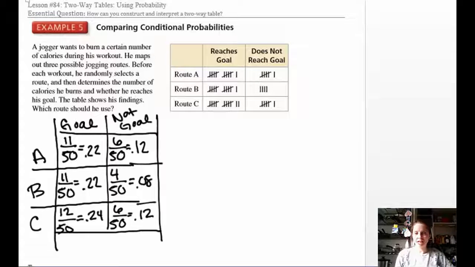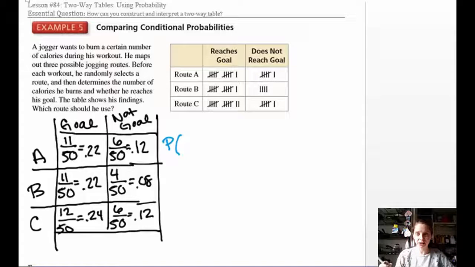Now with this information, I need to answer the question, which is which route should he use? In order to figure that out, I can't just compare the values in column goal, because he didn't run the same number of times on each route. He ran route A 17 times, route B 15, route C 18. So I can't just compare those values.